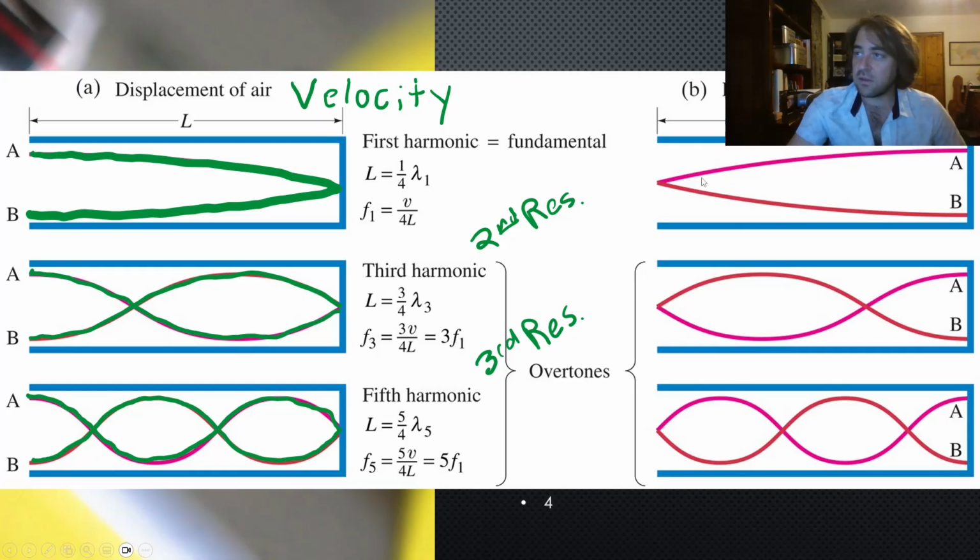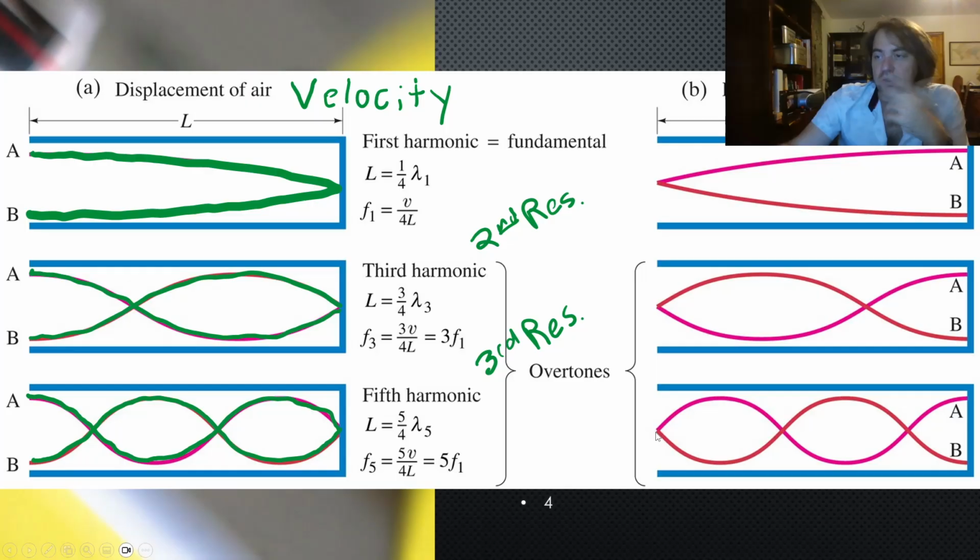So the lowest frequency that can fit in is a quarter, or 4 times the length of this tube. You cannot fit half of a wave into a tube that's open at one end because you would have a node and a node. You can't get a node at this closed end over here. It's always got to be a max.